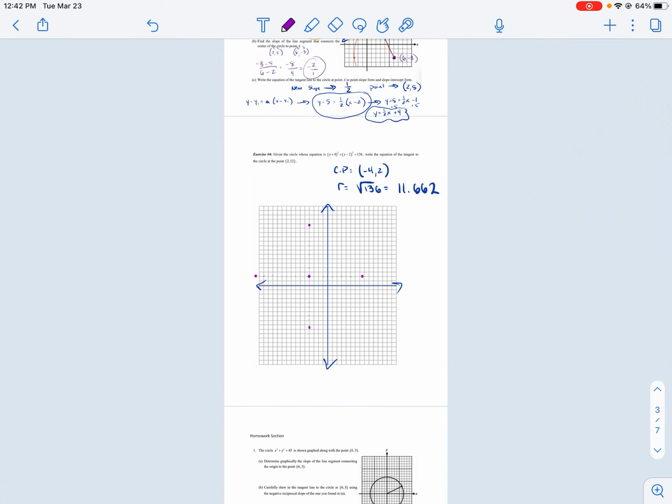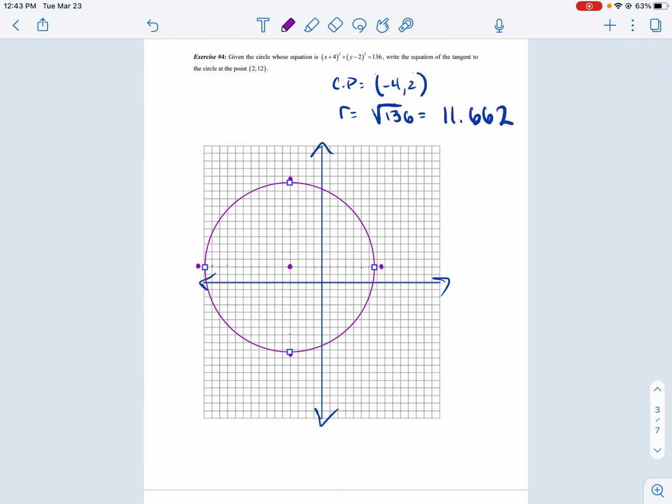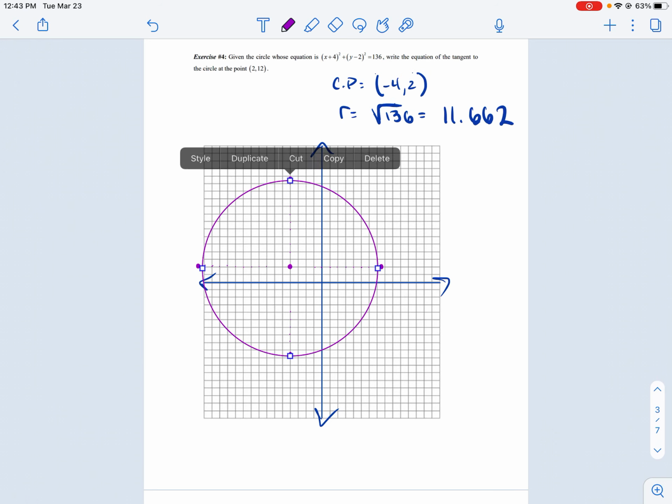See if I can get it when it's a little bigger. Here we go. A little better. All right. Okay. Draw this in here. Good enough. There we go. Okay. So there's our circle.